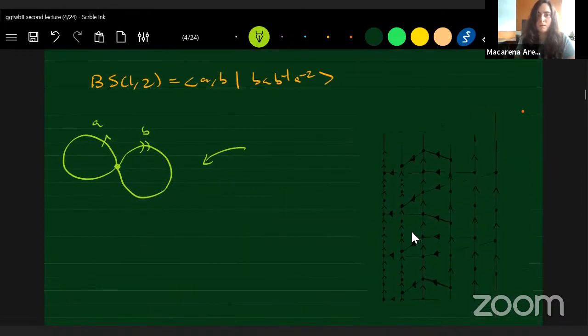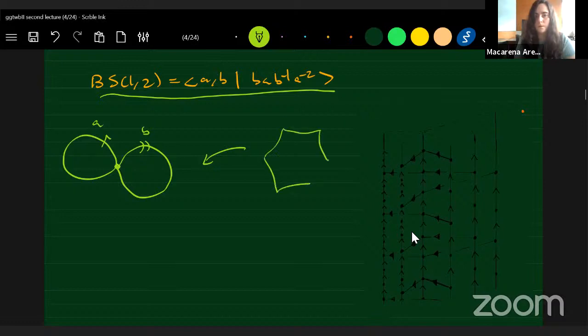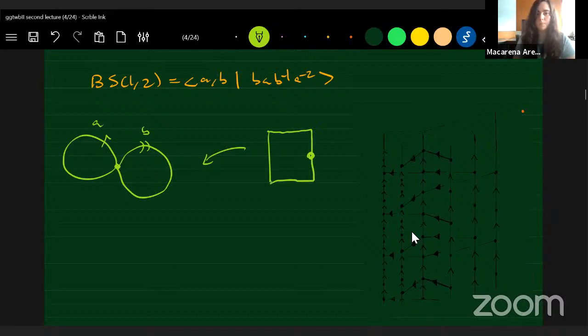So BS(1,2) is given by this presentation. Its presentation complex is given by taking a bouquet of two circles and gluing in a pentagon, 1, 2, 3. But I'm actually not going to want to draw the pentagon this way. I'm going to draw it this way instead. So I'm going to draw it as a sort of rectangle with one side subdivided.